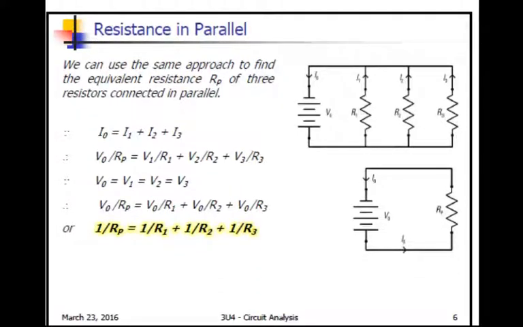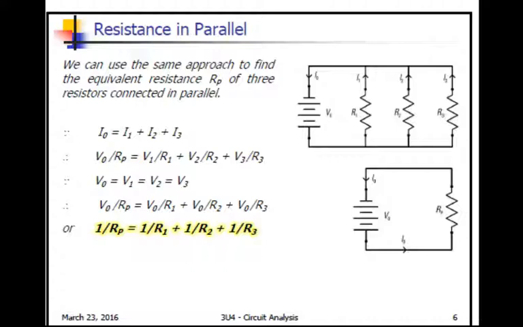So we looked at series connections. What about parallel connections? Now this one's a little bit more complicated, and I'm going to give you a different equation to use for this, because I don't like the one that they have here.